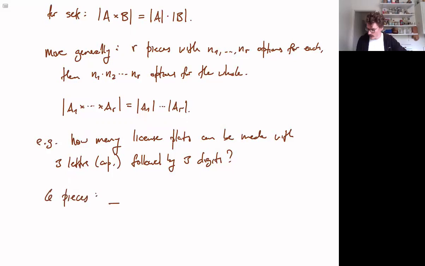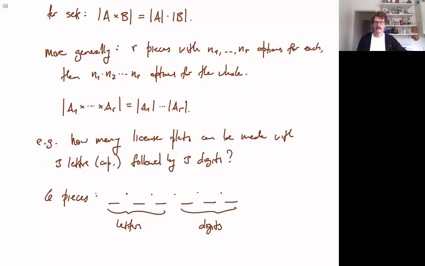We have 3 slots for letters and 3 slots for digits. So these are our pieces, and we're just going to multiply the number of things we can put for each piece. How many options do we have for a capital letter? We have 26. So 26 goes in all of those slots.